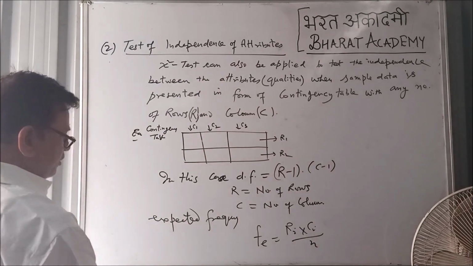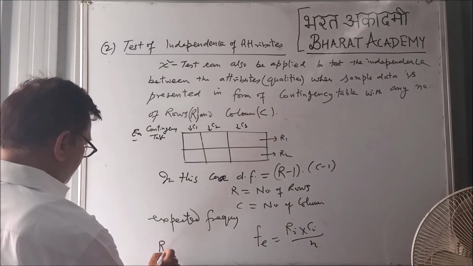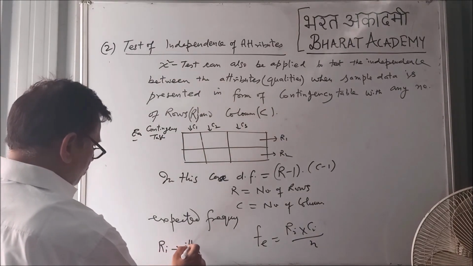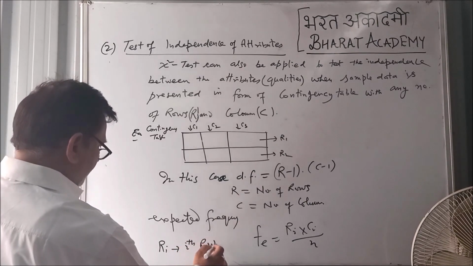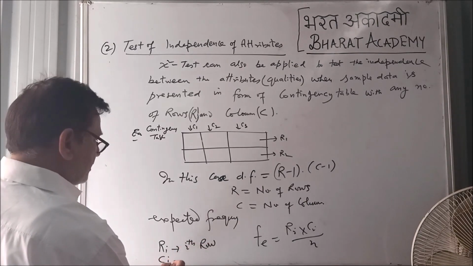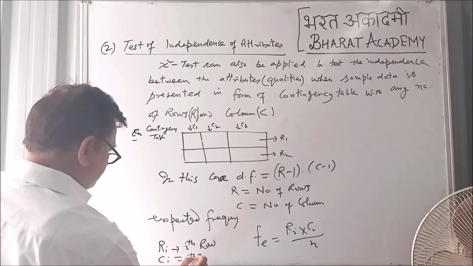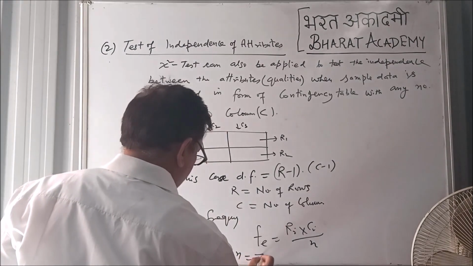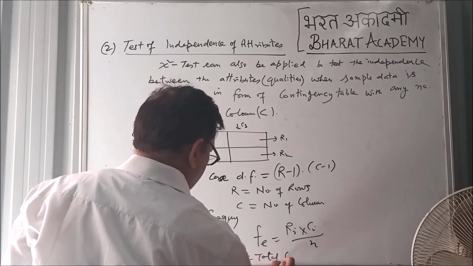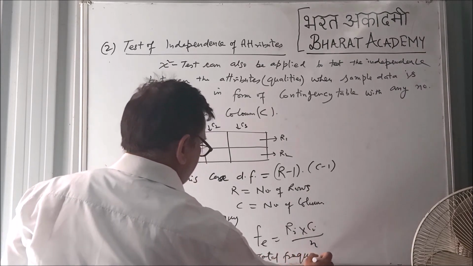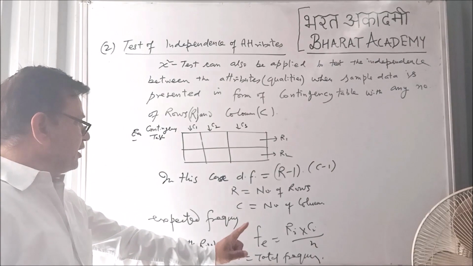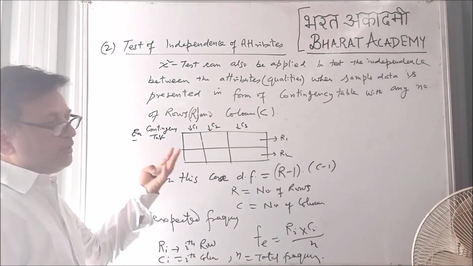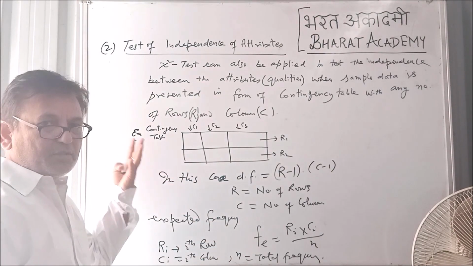Ri means ith row, Ci means ith column, and n is the total frequency. So from this formula we can get expected frequency, and observed frequency will be given in the question.